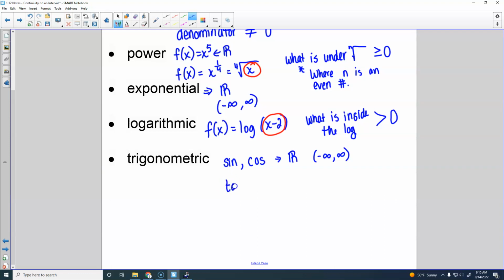Tangent, cotangent, cosecant, and secant. I'm just going to put that they have restrictions because they're going to have periodic vertical asymptotes there. We're not going to take the time right now to go through every single one of those because it'll take a little while, and it's not going to be our primary focus today either. So just know that those are going to have asymptotes and have restrictions.